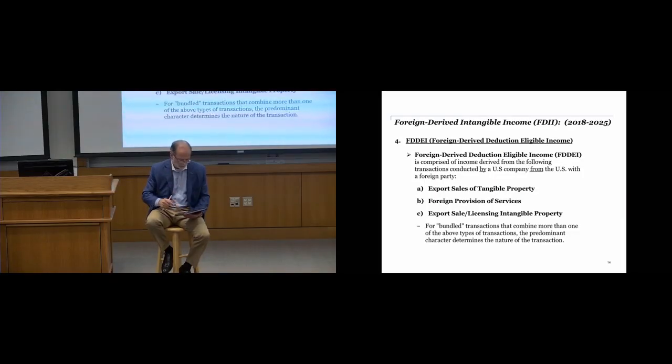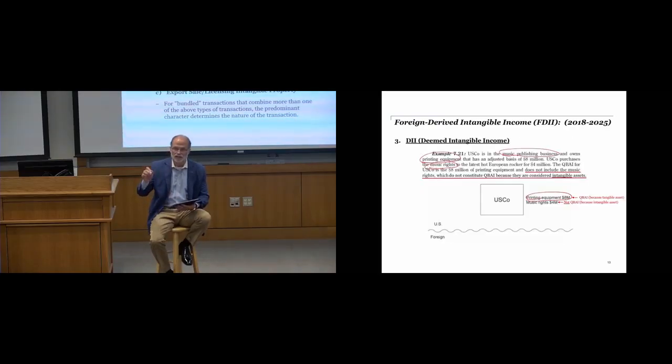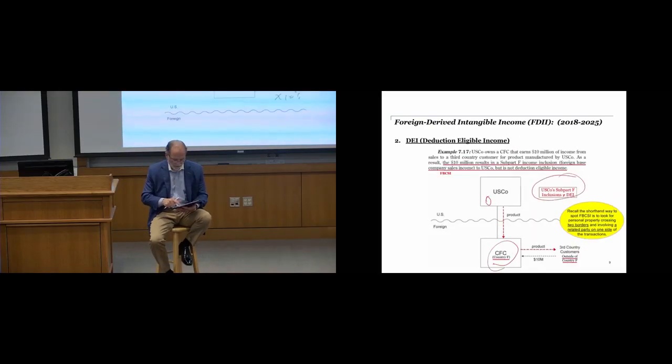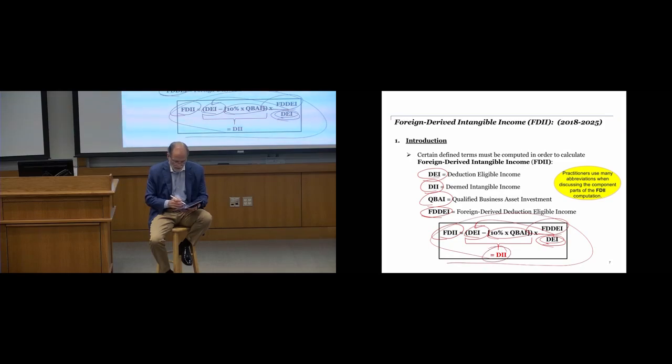Okay, so now I have deduction eligible income, I have my deemed intangible income return. So I'm building up the parts of this calculation, right? I have my DII, which we just did, which was my deduction eligible income minus 10% of my QBAI.